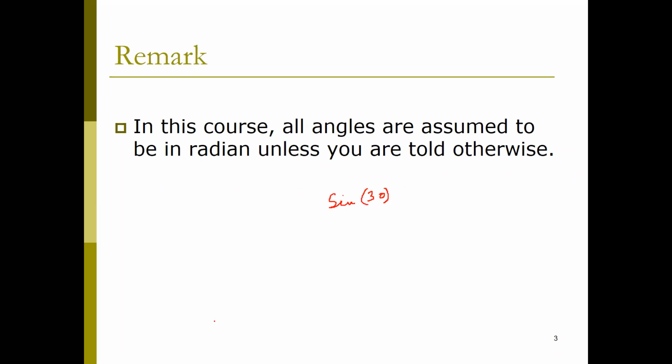Like we are going to expand sine 0.6. Sine 0.6 is in radians. So whatever we express here in the form of an angle, that angle will be assumed to be in radians.